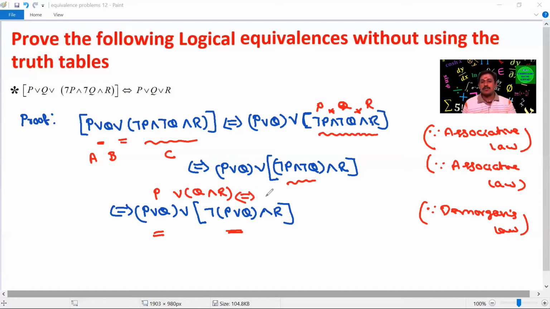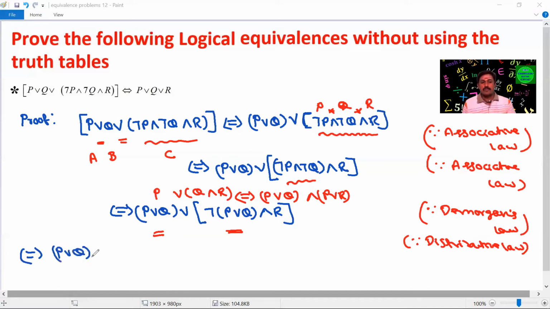If you apply this distributive law, you will get the term as (P or Q) and (P or R). Using distributive law, I'm going to write the next step as equivalent to (P or Q) or, here our Q is not of (P or Q).